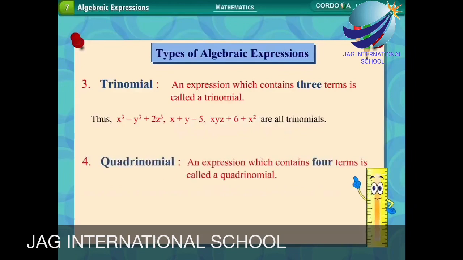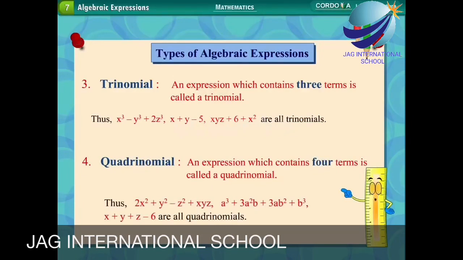Quadrinomial: an expression which contains four terms is called a quadrinomial. Thus, 2x squared plus y squared minus z squared plus xyz, a cubed plus 3a squared b plus 3ab squared plus b cubed, x plus y plus z minus 6 are all quadrinomials.